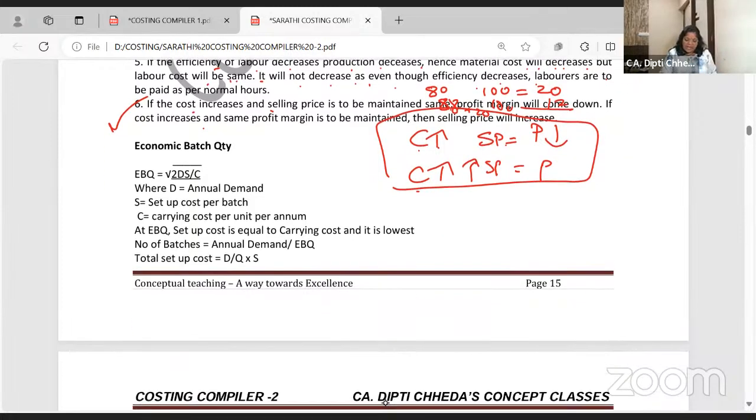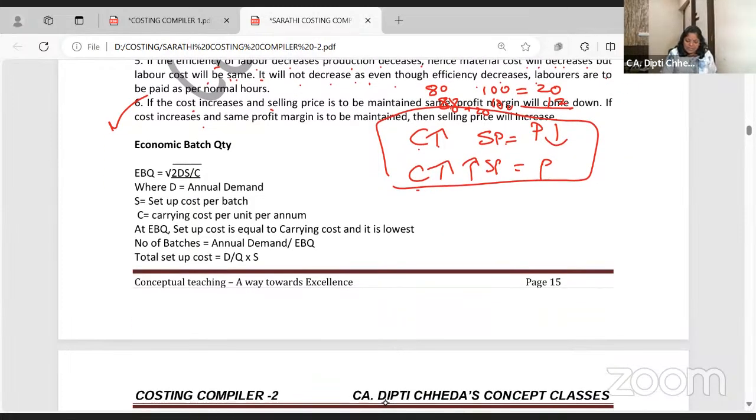Next is economic batch quantity, under root 2DS by C. D is annual demand, S is setup cost, C is carrying cost per unit per annum. At EBQ, setup cost is equal to carrying cost and lowest.